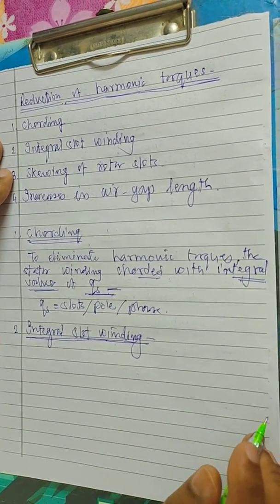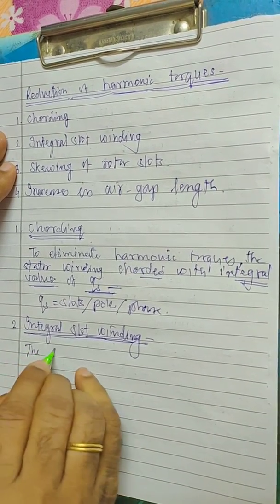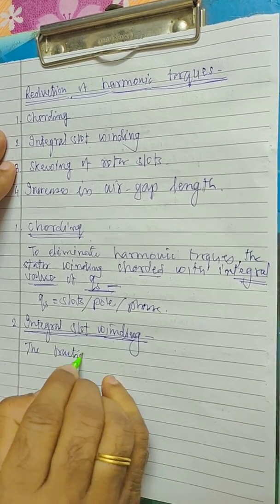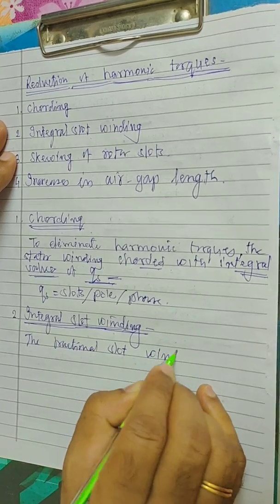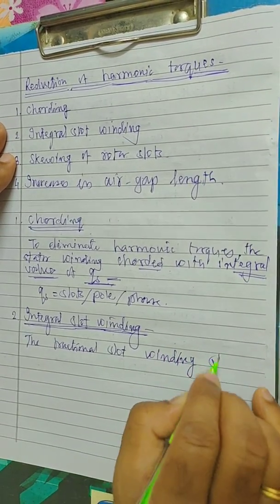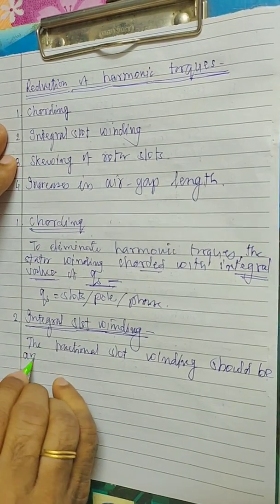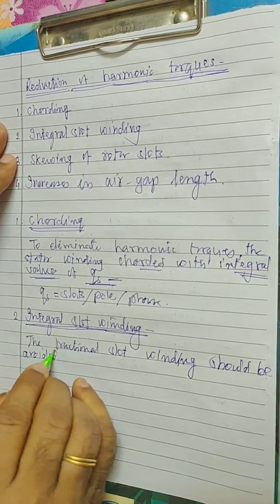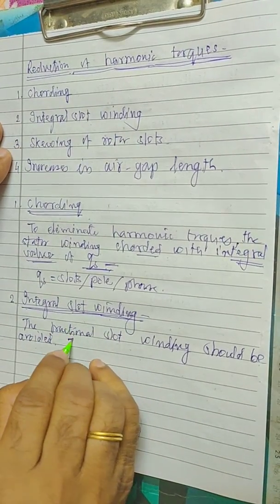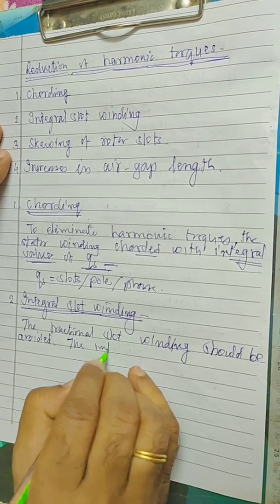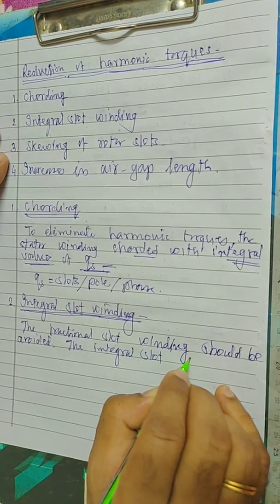The fractional slot winding should be avoided, and the integral slot winding should be used.